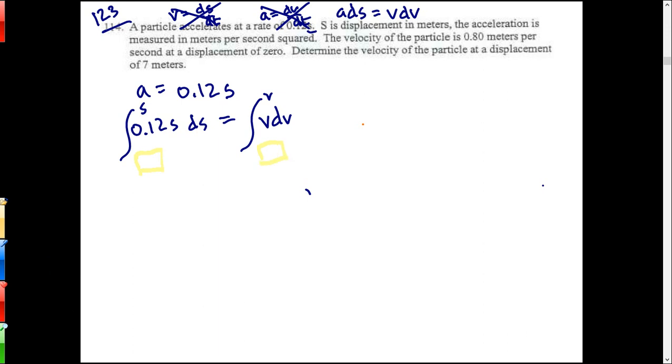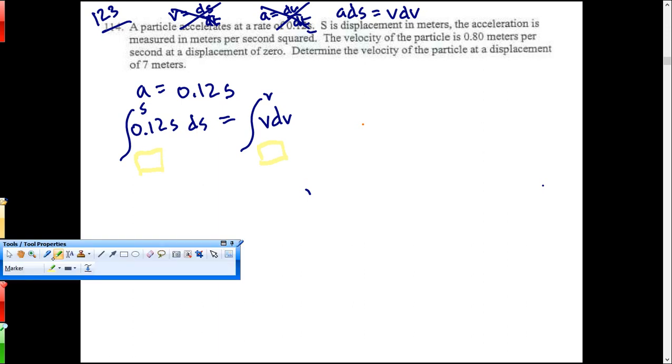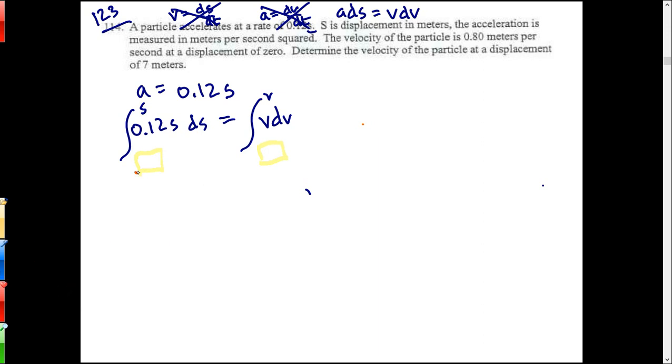So you want to find something in the problem statement that tells you what the displacement is and what the velocity is at a given instant, that correspond to one another. You'll plug those in for the lower limits, and then run the numbers on that.